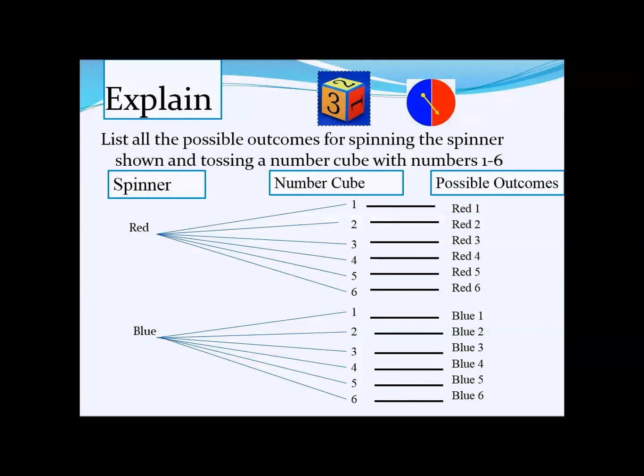Now we could do the same exact thing for the blue spinner. That means we would land on the blue side after we spin the spinner, and we would get blue 1, blue 2, blue 3, blue 4, blue 5, and blue 6 are the possible outcomes when you take one spin of the spinner and one roll of the die.